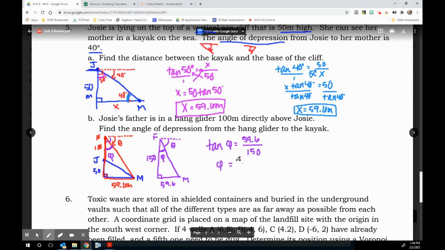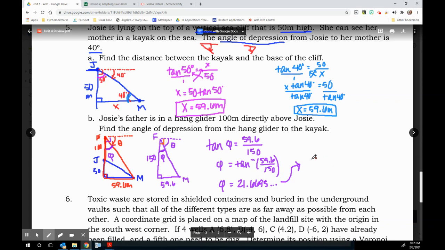Using inverse tangent, since I'm looking for an angle this time. Again, in degree mode, I'm getting phi to be around 21.6695. And then finally, to find angle theta on the outside here, again, we know that these two angles are complementary.